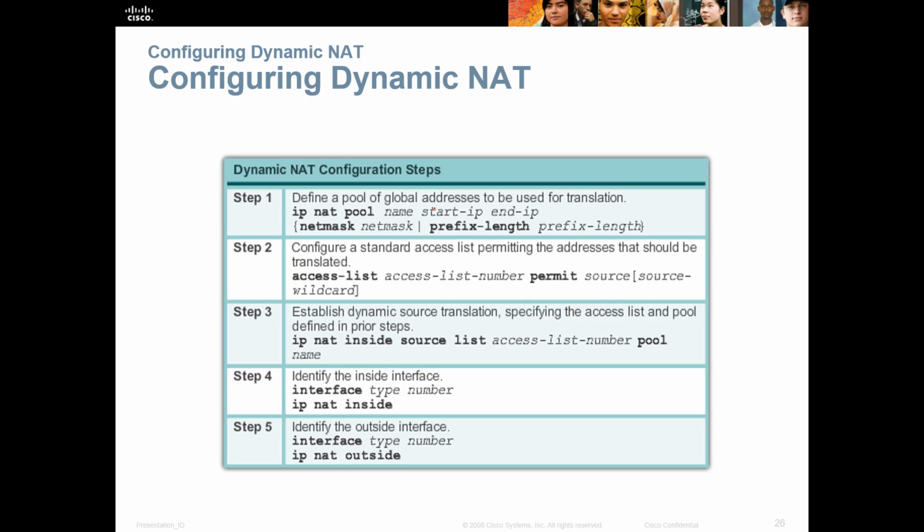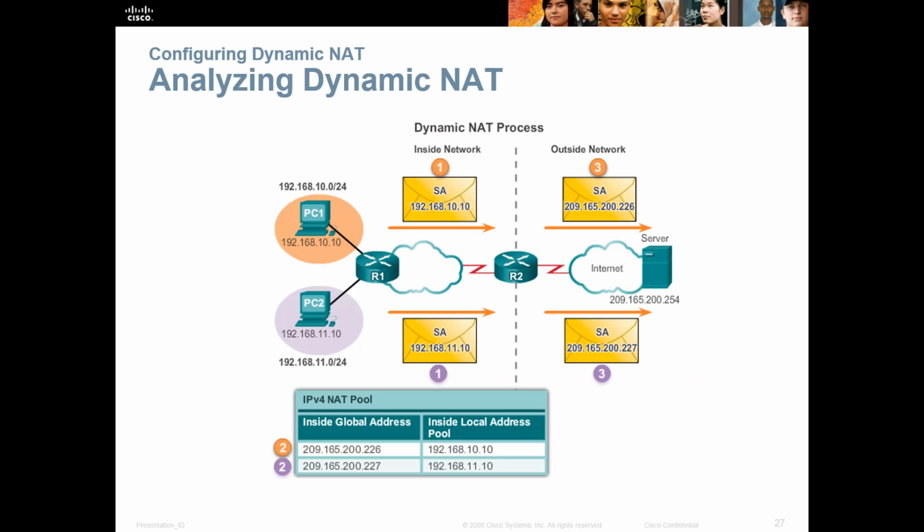You'd establish a dynamic source translation: ip nat inside source list, the access list, pool, the actual pool name, and then you'd apply them to interfaces. So again, you map the pool and ACL, and both of these set up NAT for inside and outside translation.